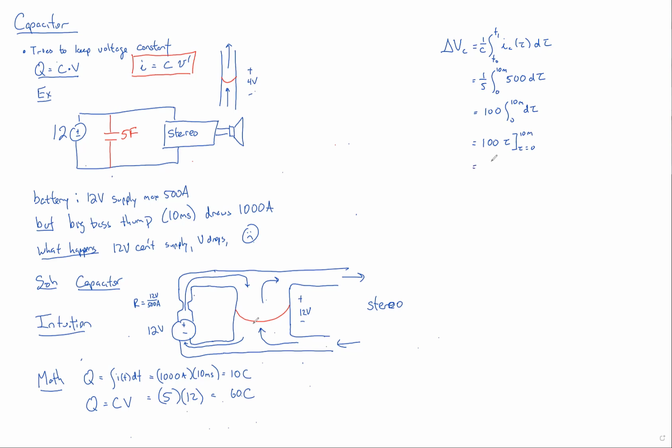That would be 10 times 100, which is 1,000 millis minus 0. And 1,000 millis is just a fancy way of saying 1 volt. So there it is. In a 10 millisecond delivery of 500 amps, that capacitor is only going to drop in value by 1 volt. It'll go down from 12 volts to 11 volts, and then the battery will charge it up during the remaining 90% of its time before the next beat.